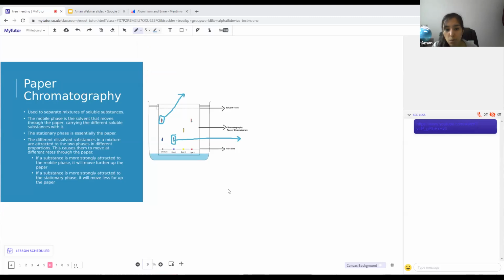Someone's asking how and why do the dyes overtake the other colours? So they're not necessarily overtaking. Again, it's about their attraction. So for example, when we put this mixture on this blot, the mixture will separate into its different dyes. And then if we want to know what those different dyes are, we need to guess and put some other dyes on the chromatography paper. So we've assumed that the mixture might be made of 3 dyes.